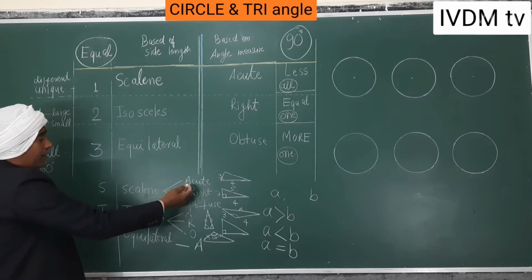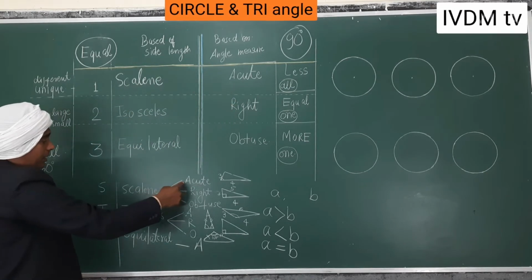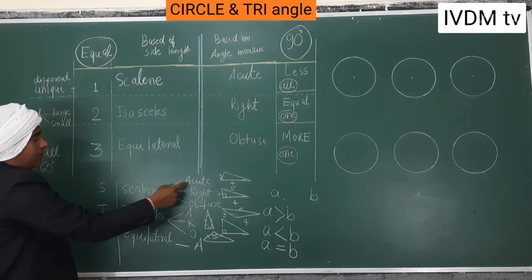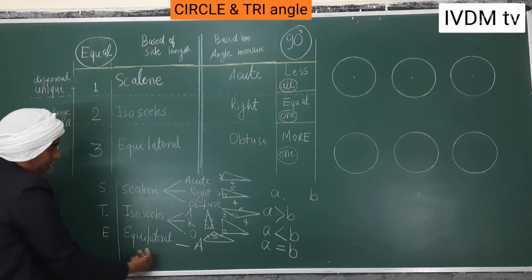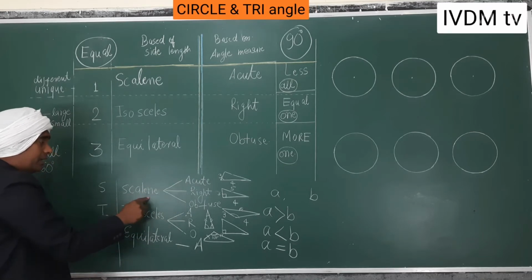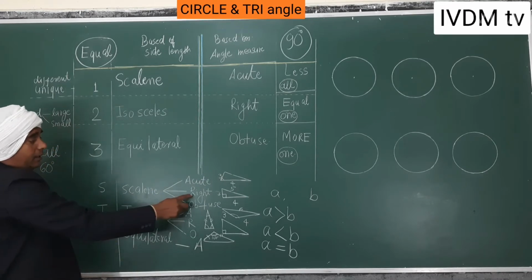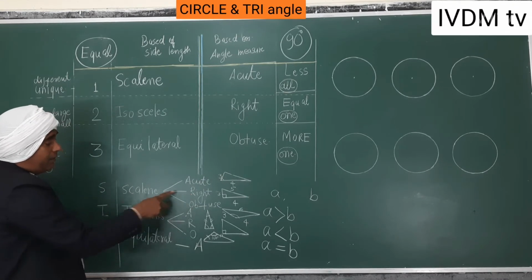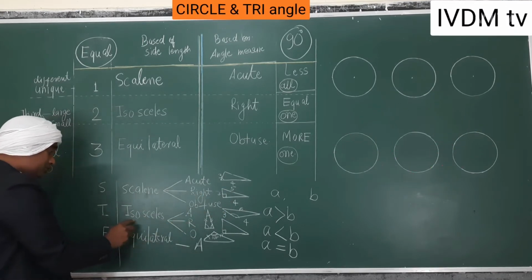So similarly, for the acute angle, it may be acute scalene also, acute isosceles also, and acute always equilateral. Acute scalene, yes, all the three sides are different. In right angle, we have two options. Right angle may be scalene, normally 3, 4, 5. Right angle may be isosceles also.